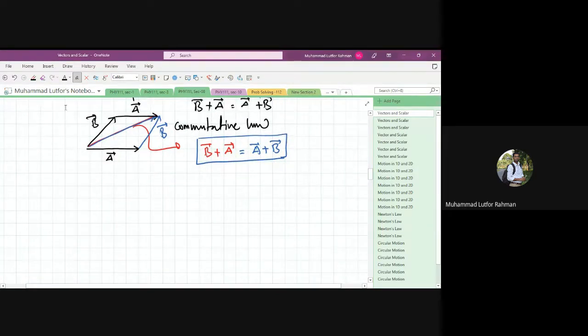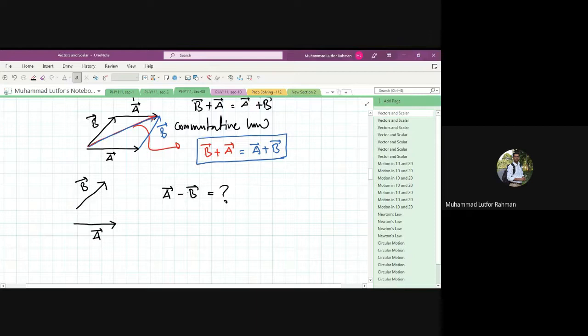All right, what about if I want to find out A minus B? Say the vectors are oriented in such a way that this is the vector A, and this is the vector B. I want to find out A minus B, or the subtraction of these two vectors.